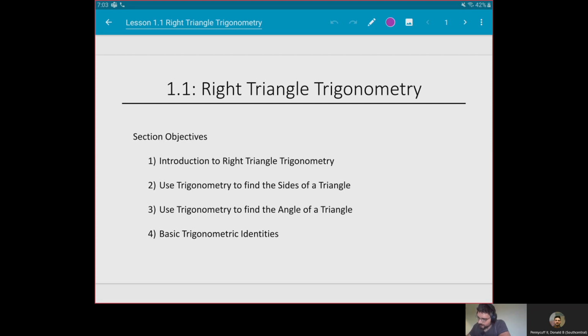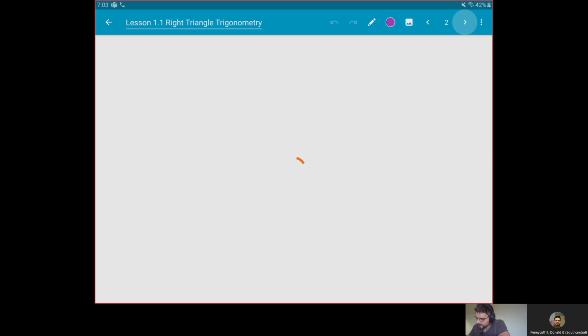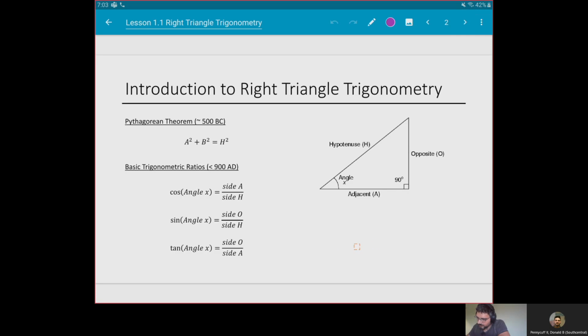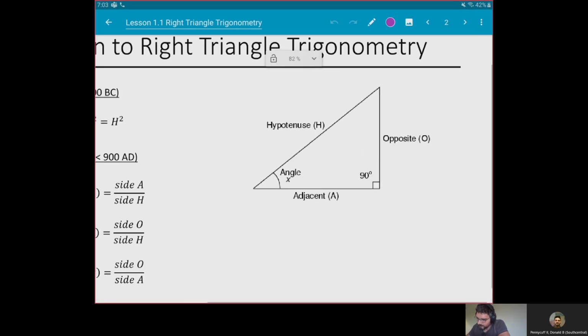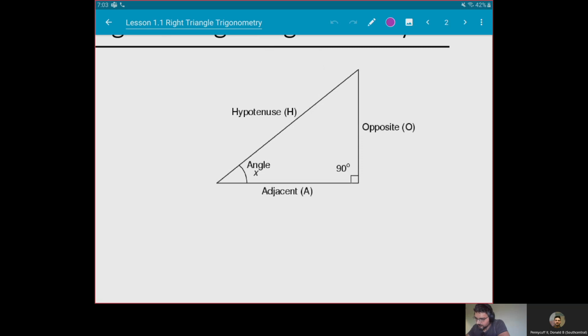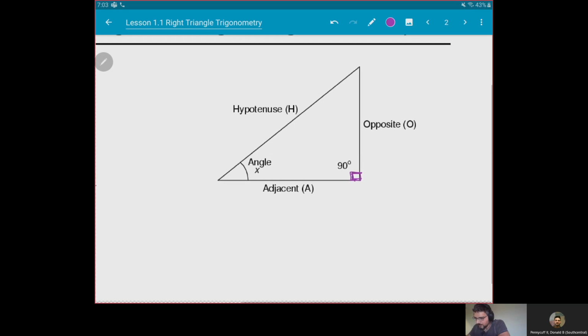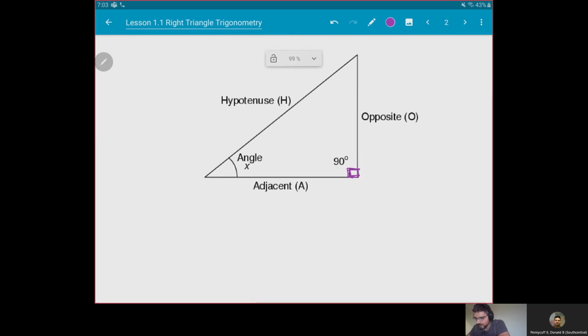Okay, so the first thing is to talk about what we mean by a right triangle. Now, a right triangle is any triangle that has a perfect corner right here. That's what we're talking about, that perfect little corner. Now, one thing that gets people is the orientation.